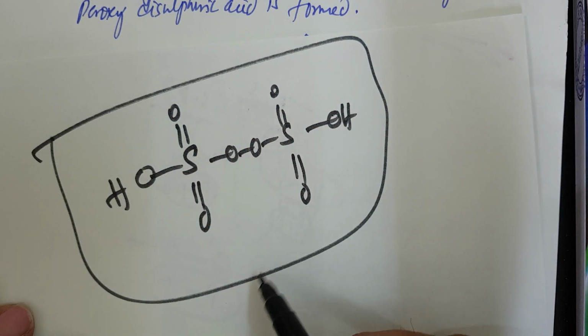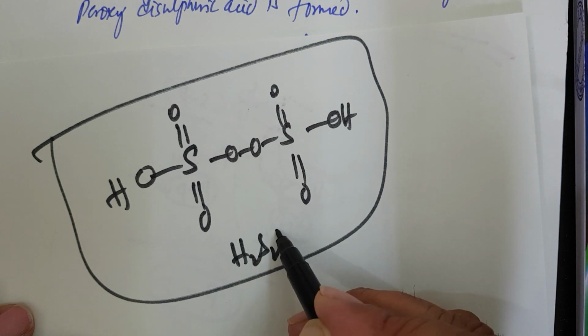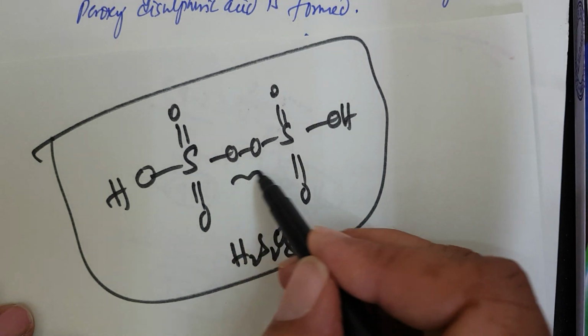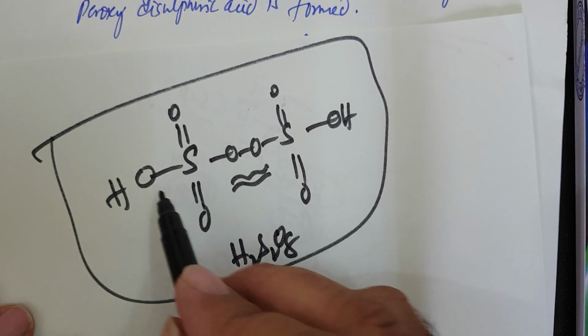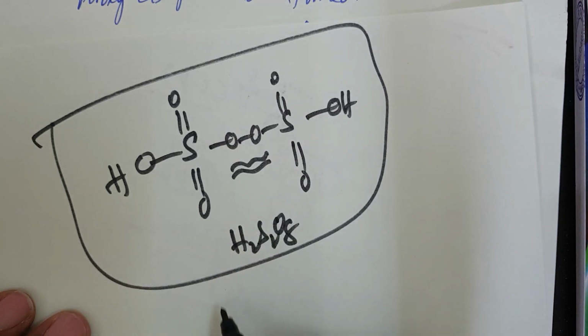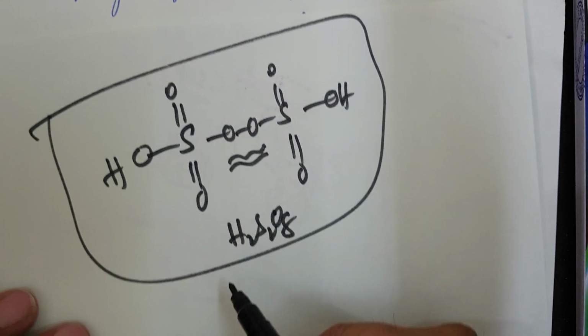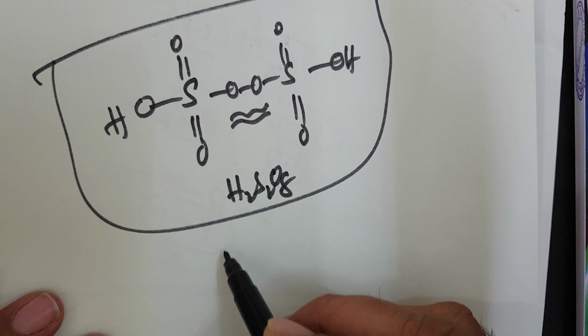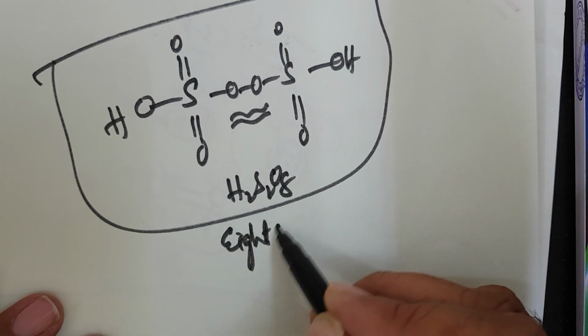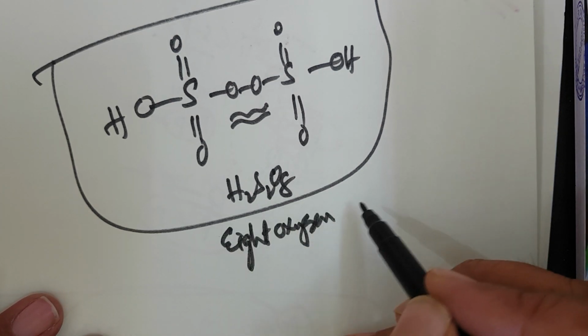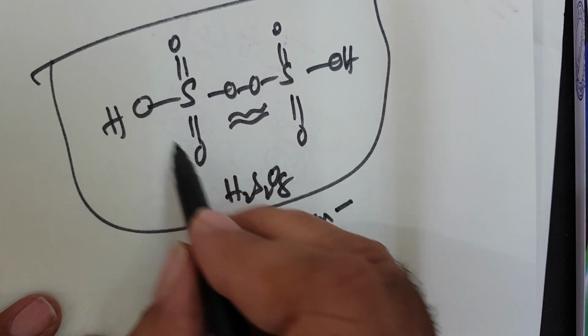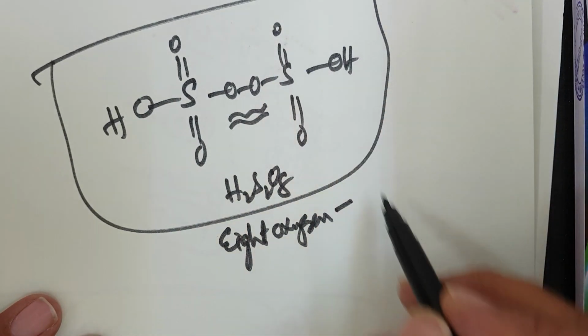This is the structure of H2S2O8. This is the peroxy bond. It contains 8 oxygens. Out of 8 oxygens, 6 show 1, 2, 3, 4, 5, 6.